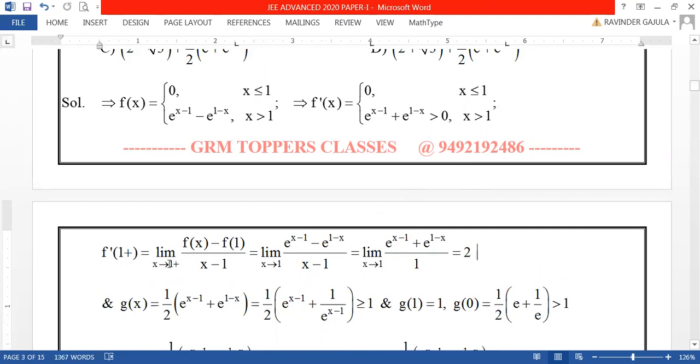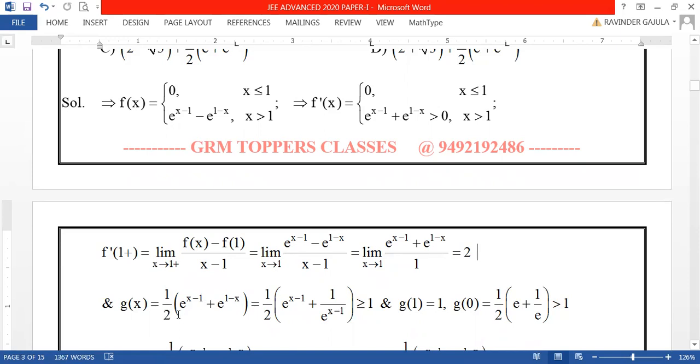Of course, I have found f dash 1 plus using this one. This will be 2, substituting just 1 here, because f dash 1 minus is 0 but f dash 1 plus is 2. So to say that f is not differentiable at x equal to 1, I have taken f dash 1 plus. Of course, not necessary here, but here.